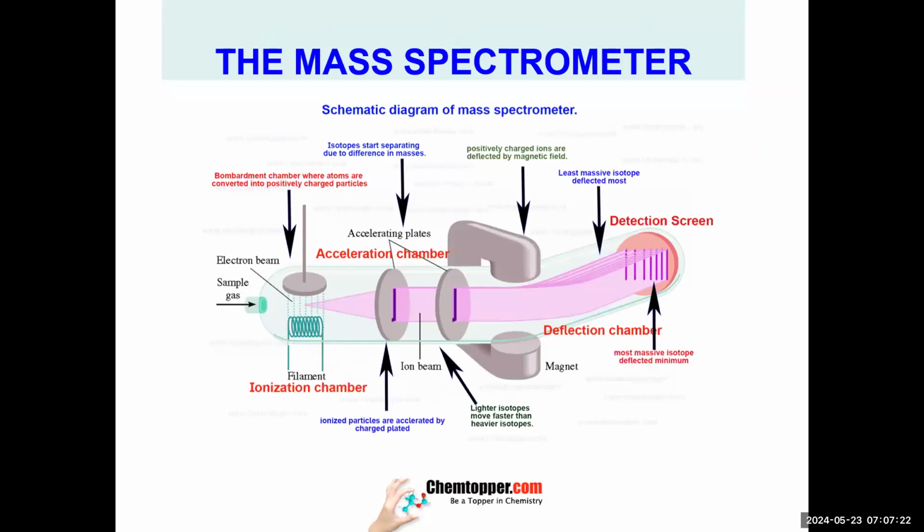Now, how do we know the number of isotopes for a given element? Like I said, for hydrogen there are 3. So how do we calculate the average atomic masses? You cannot see atoms, you cannot see their isotopes. So we have an instrument called the mass spectrometer.